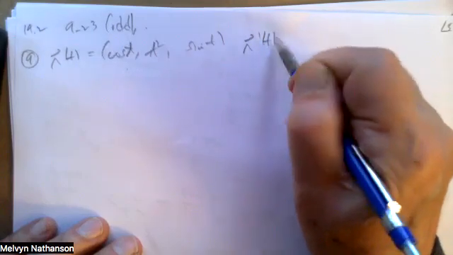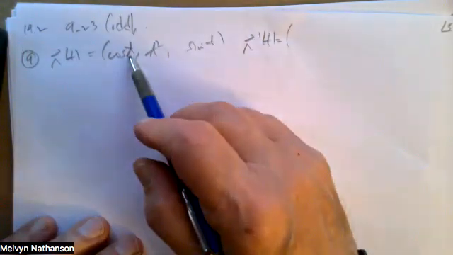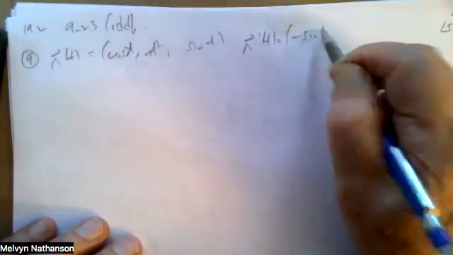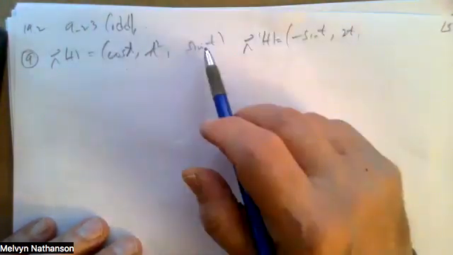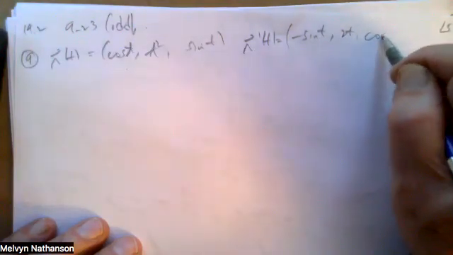So r prime of t, derivative of the cosine, is minus the sine. Derivative of t squared is 2t. Derivative of sine t is cosine t. That's all there is to it.